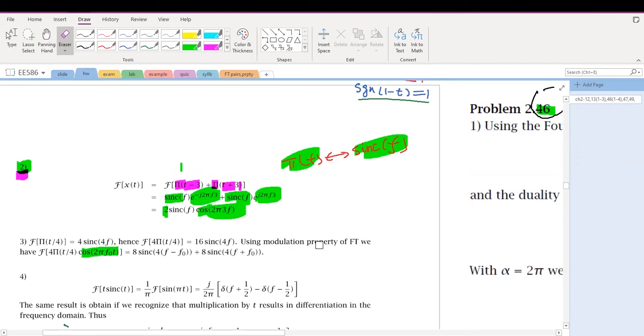Then we use the modulation property, replacing f with f minus f naught and f plus f naught, and sum them up, divided by 2, and 16 becomes 8 here.